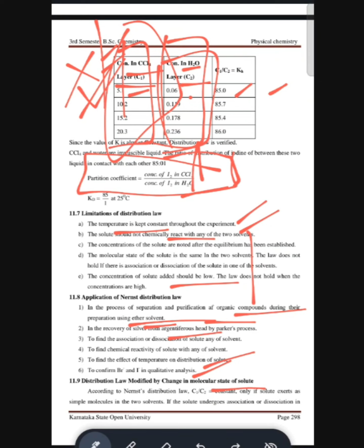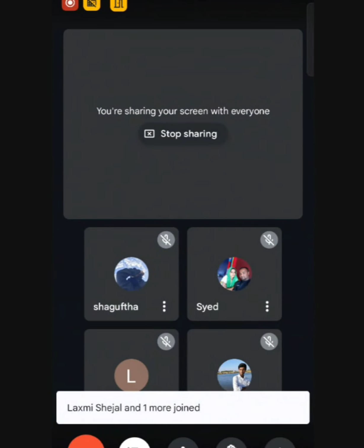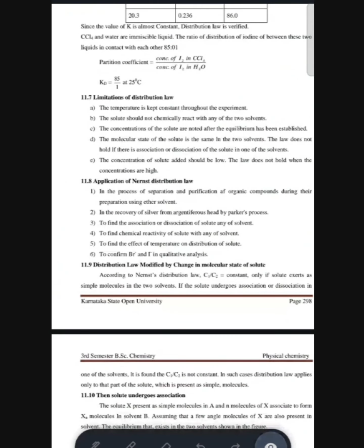If the solute undergoes association or dissociation in one of the solvents, it is found that C1 by C2 is not constant, because with association or dissociation it will not be in the equilibrium state.